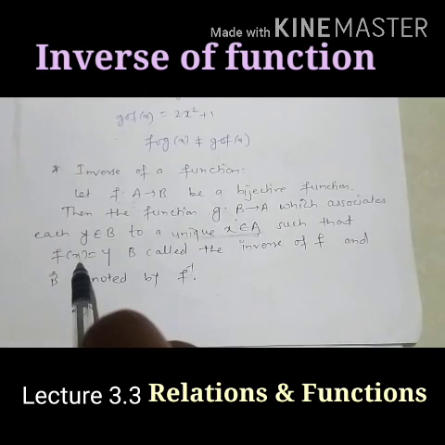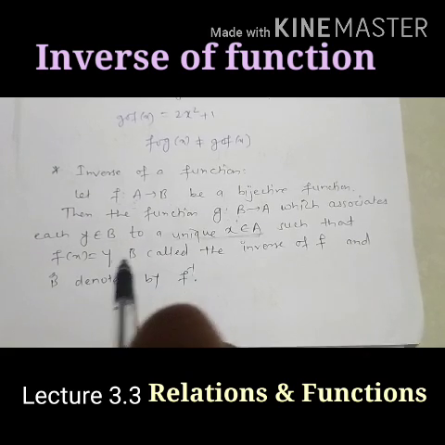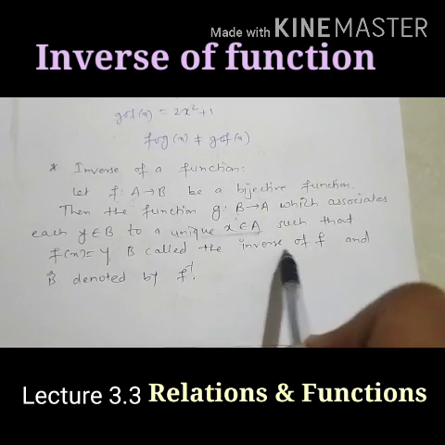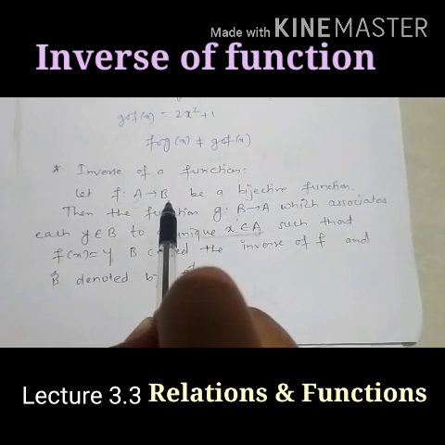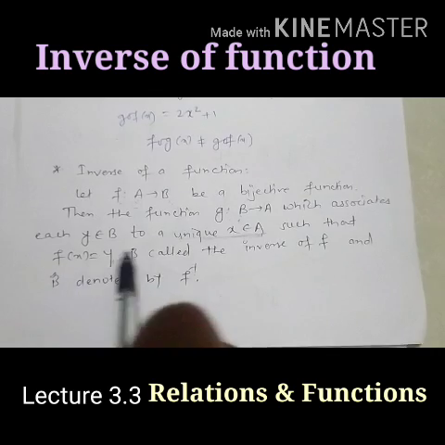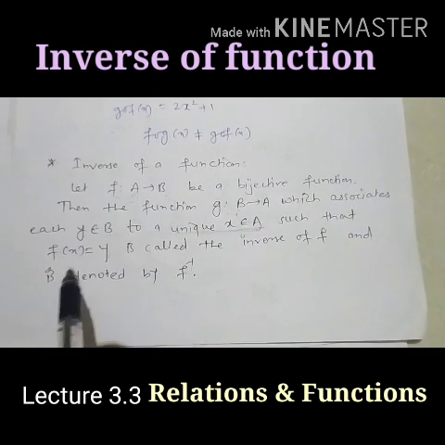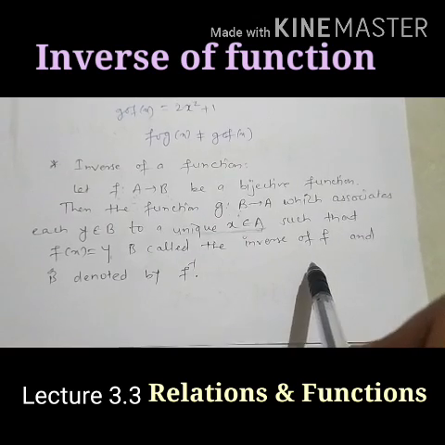Such that f x equals y, it's called the inverse of the function f. Means whenever the function is there A to B, its inverse will always be defined from B to A with this condition. Getting? And it is denoted by f inverse. Getting?